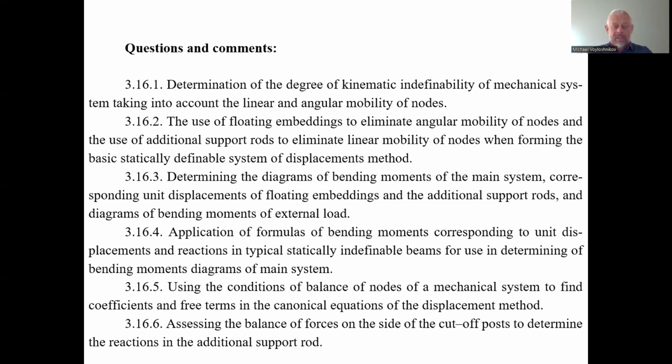We separate the integral mechanical system into independent elements by introducing extra connections limiting the displacement of the ends, as a theoretical concept.